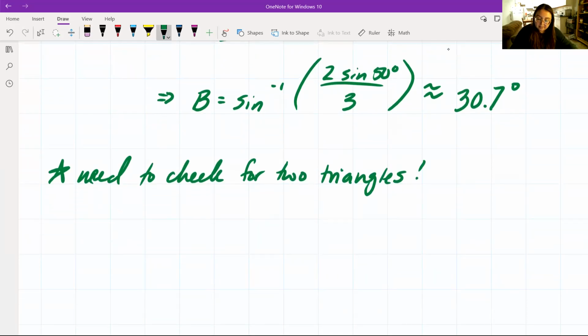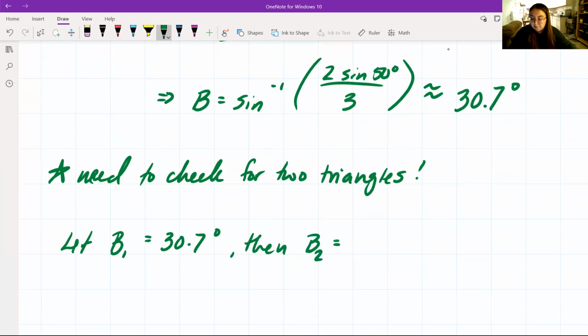So we're going to let B sub 1 equal 30.7 degrees, then B sub 2 is going to be 180 degrees minus 30.7 degrees.